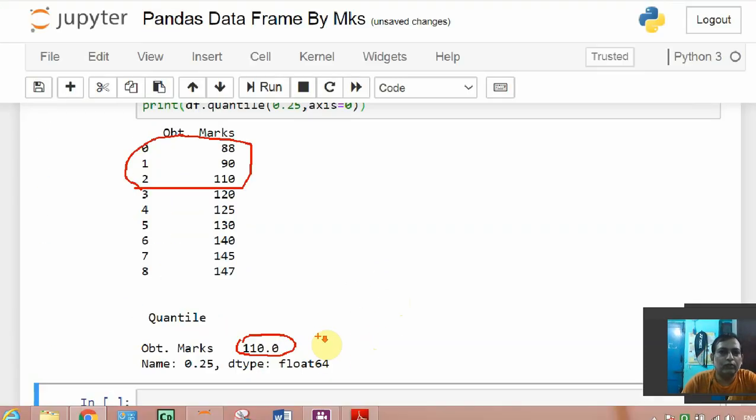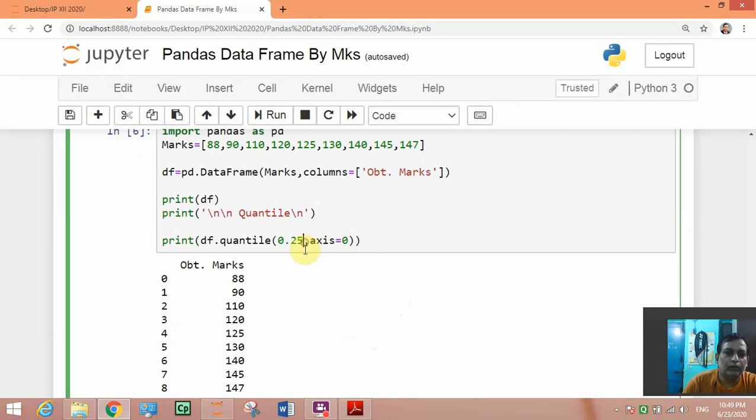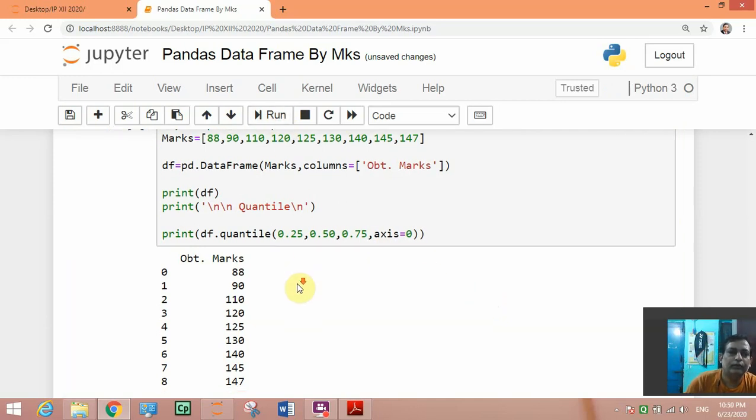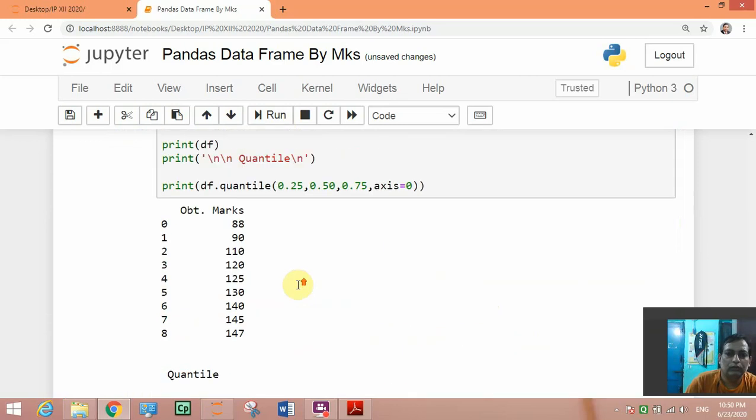So if you want to see what is 50%, then you can write like this: comma 0.50, comma 0.75, and run it. Again an error is coming. What is the error?